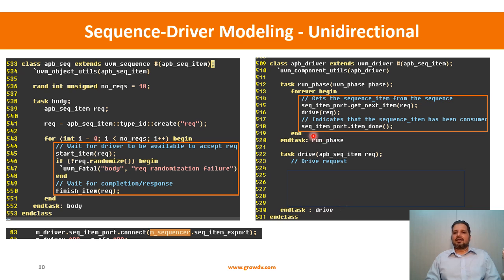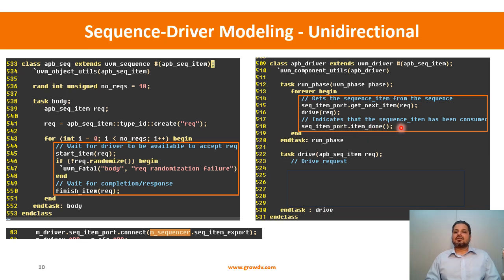Then we call the drive, and within the task drive we could be driving the request onto the interface. At the end, once this drive task has completed, where all the information from the request has been driven onto the physical interface to the DUT, we call sequence item port dot item done.